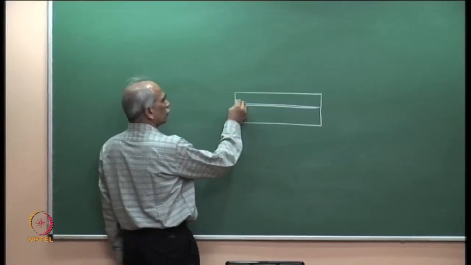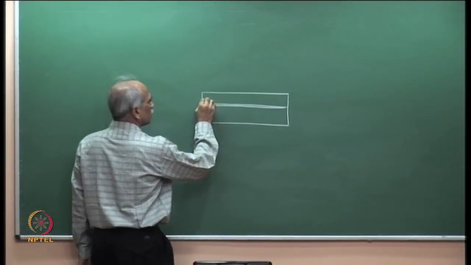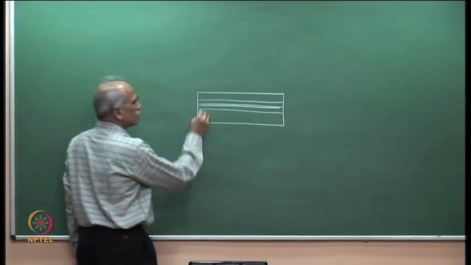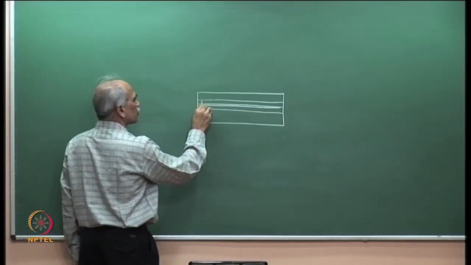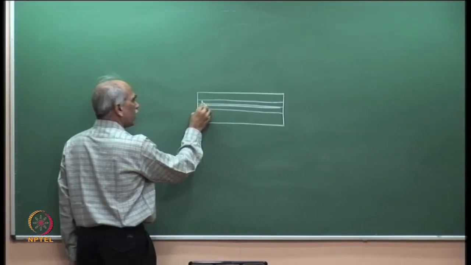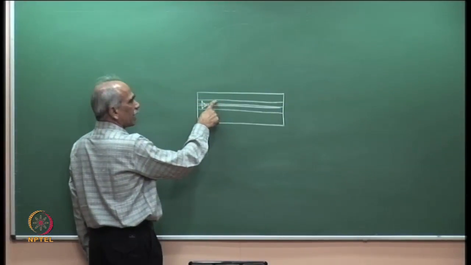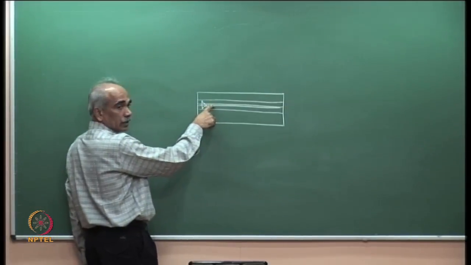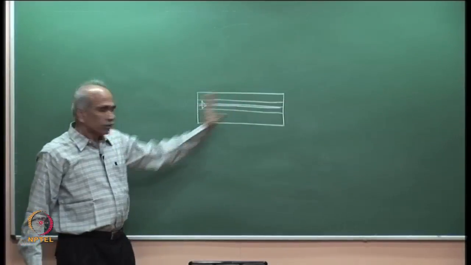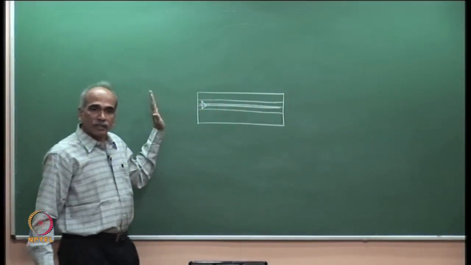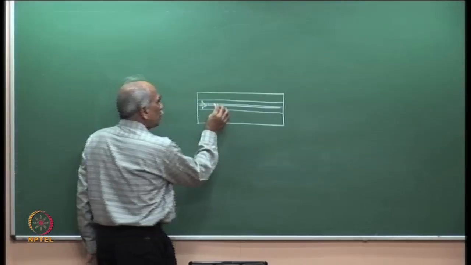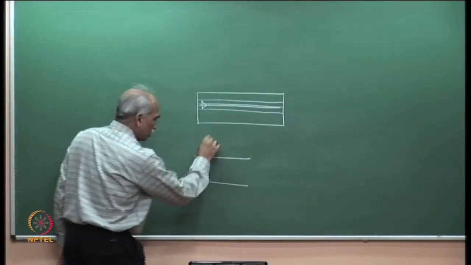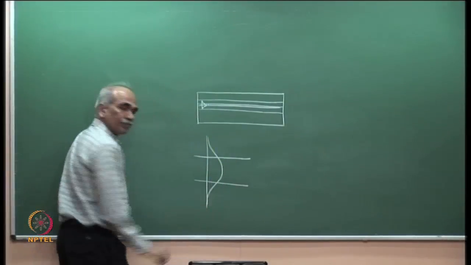So, I have drawn only, okay, let me show the cladding layers also. So, this is the active layer and there is a mode which is traveling, because this is a waveguide. Recall that this is high band gap region, which means low index and high index. So, this forms an optical waveguide. So, it supports a mode which goes back and forth. If you perturb this mode, let me show it like this.